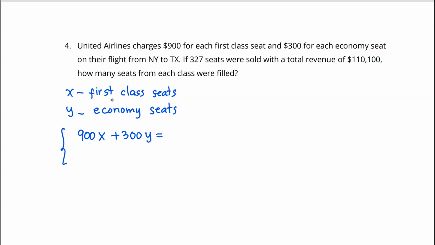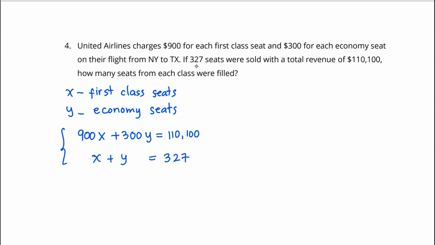And that is equal to the total revenue, which is 110,100. Now, it is also given that there are 327 seats that were sold. So that means if you add x and y, that is equal to 327.